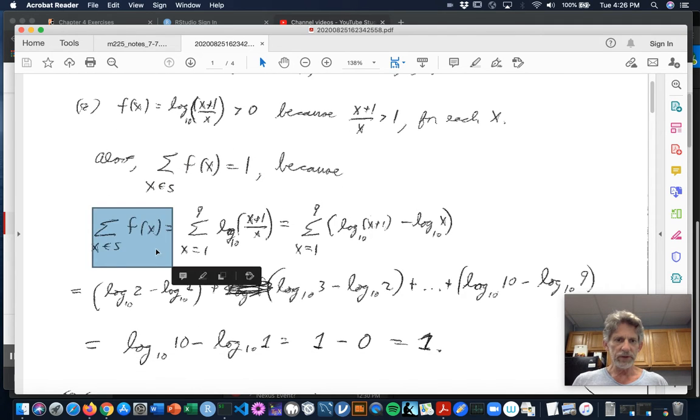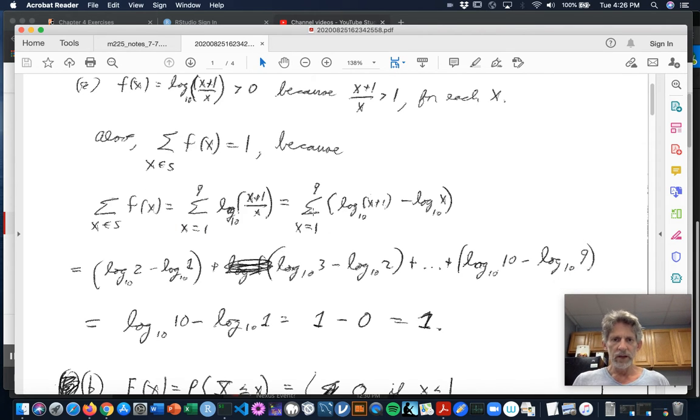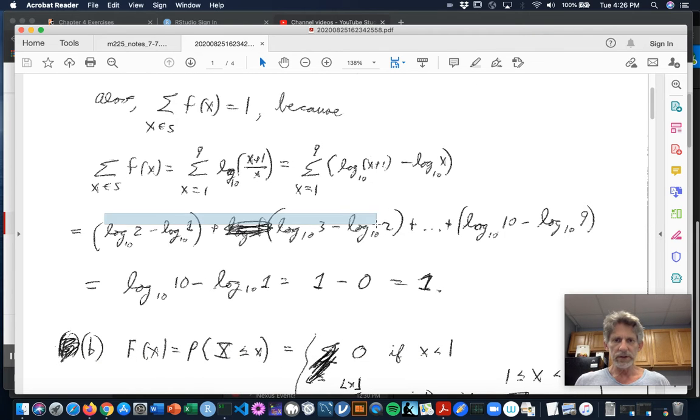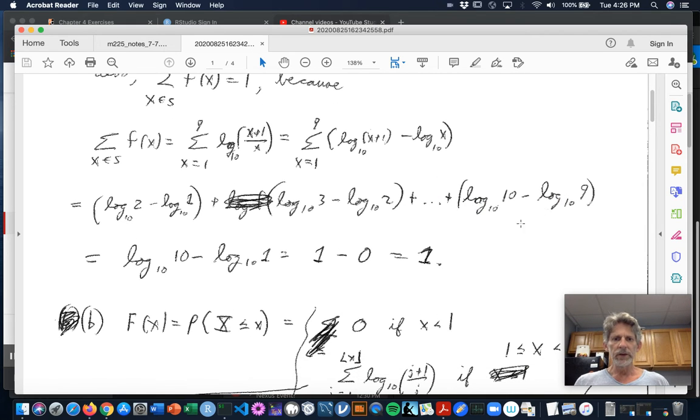So we're okay there. Now, secondly, do the f's sum to 1? Well, when you sum the f's over the sample space, your sum in x goes from 1 to 9, log base 10 of (x plus 1)/x. Well, by a property of logs, that's the log base 10 of (x plus 1) minus the log base 10 of x. So if I write that sum out like this, so here's my x equals 1 term, my x equals 2 term, dot dot dot, up to the x equals 9 term, you'll see that there's some cancellation.